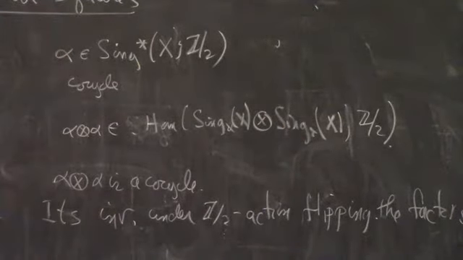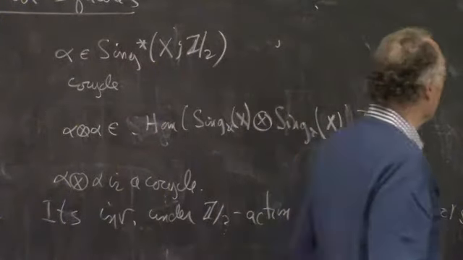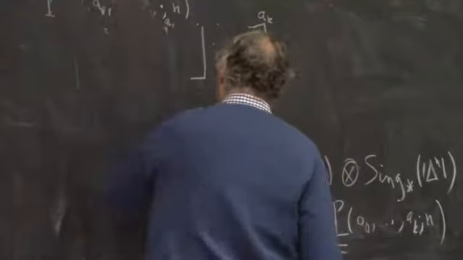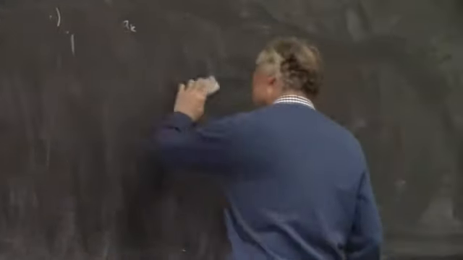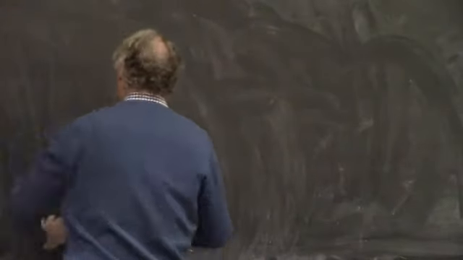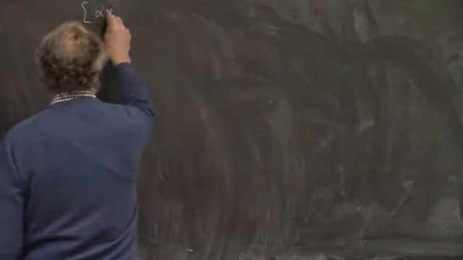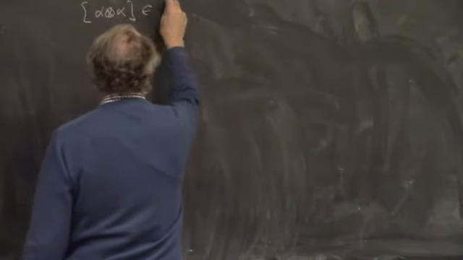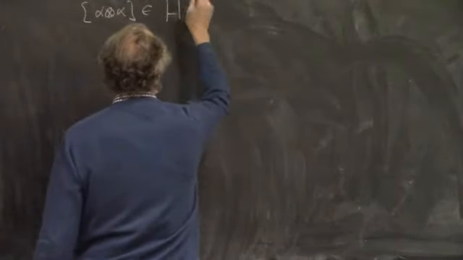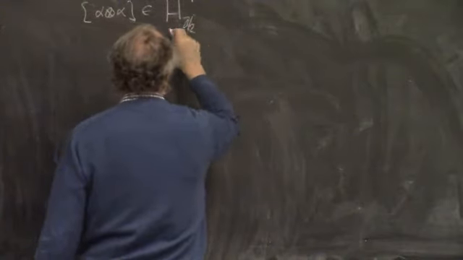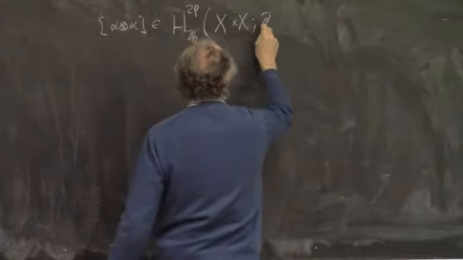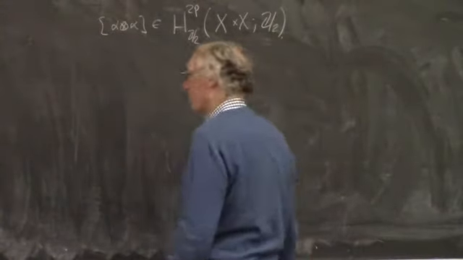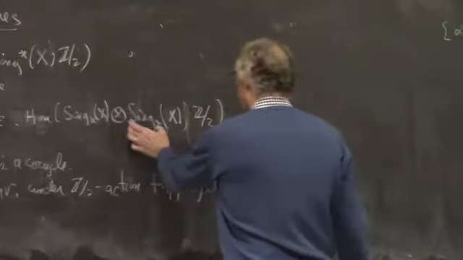I don't have to worry about this sign because I'm working mod 2. So that's an equivariant cocycle, and it determines an element in equivariant Z2 cohomology. So it's a cohomology class of alpha tensor alpha, a 2p-dimensional class, in the equivariant cohomology of x cross x.